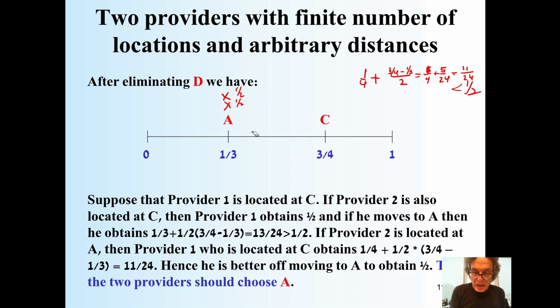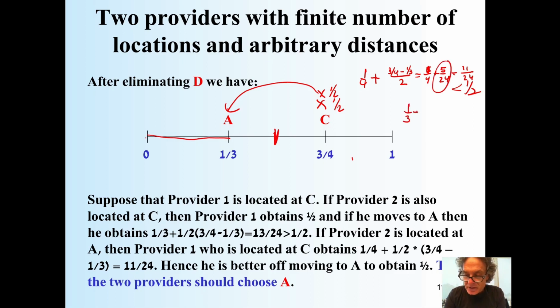So remember, both of us in A is an equilibrium. What about both of us in C? We get half because we're in the same location. If I deviate here, how much will I get? I'll get 1/3 plus half of this. Half of this I know, it's 5/24. So I'm going to get 1/3 plus 5/24. 8 plus 5, 13 over 24, more than 1/2.